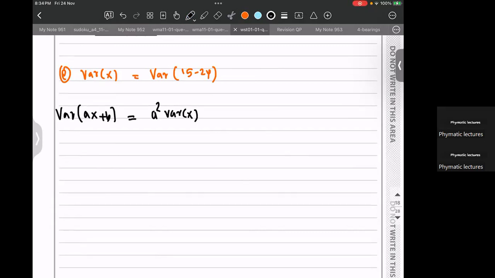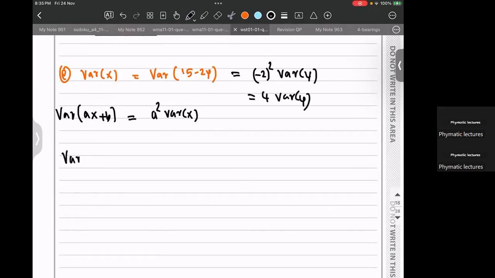You can just note it down. So this we can write as minus 2 whole square times variance of y, which is 4 times variance of y.